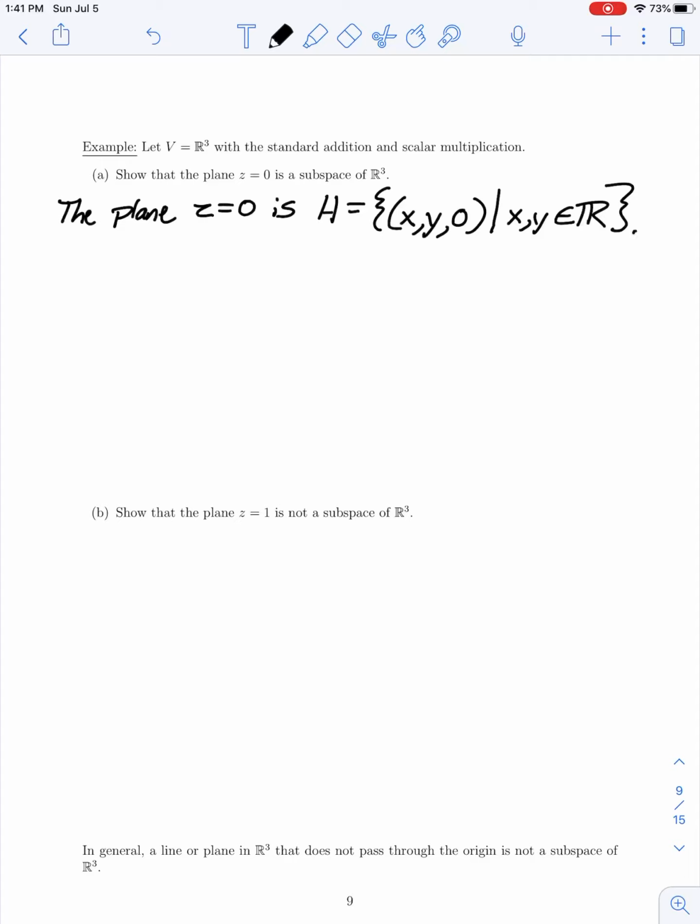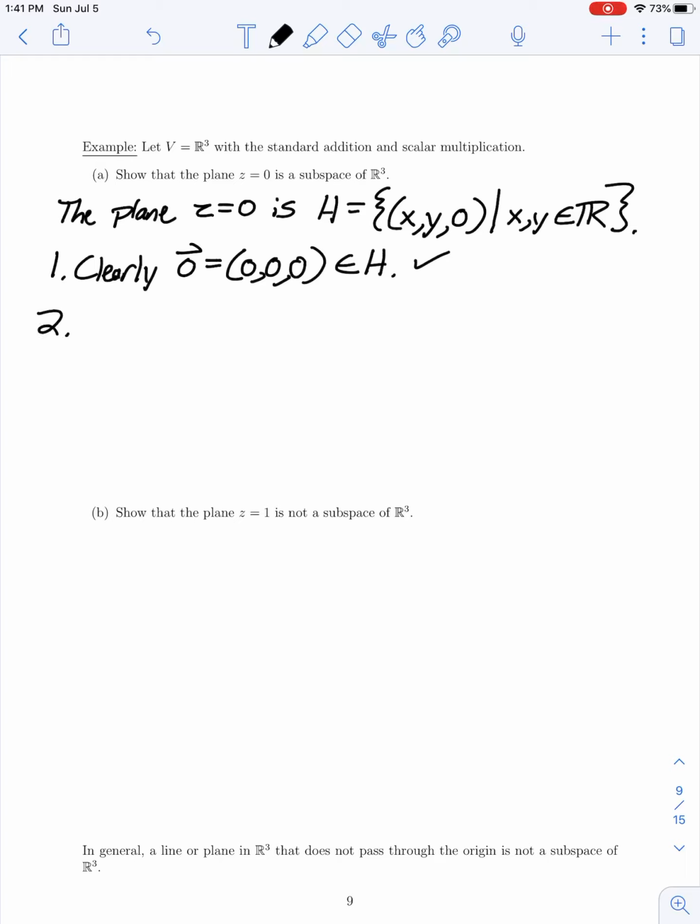To show that this is a subspace of R3, we have to show that it satisfies all three axioms or properties of a subspace. The first one is that it contains the zero vector. And here, clearly, the zero vector of R3, which is the vector (0, 0, 0), is an element of H, since its third coordinate is 0. It does lie on this plane.